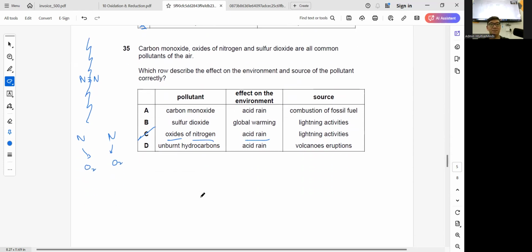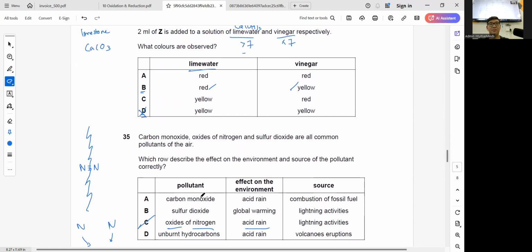Isn't HNO3 nitric acid? Exactly, acid rain. Nitric acid, and what do we have for acid rain? Acid. There you go.